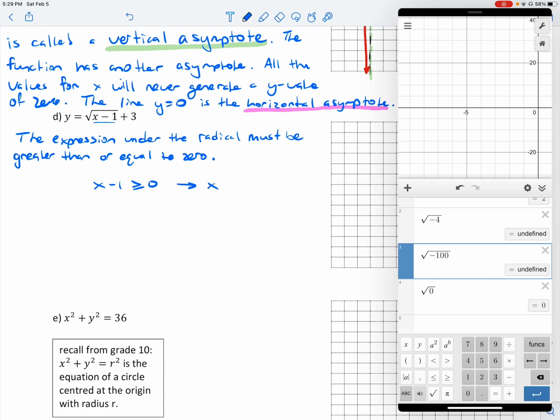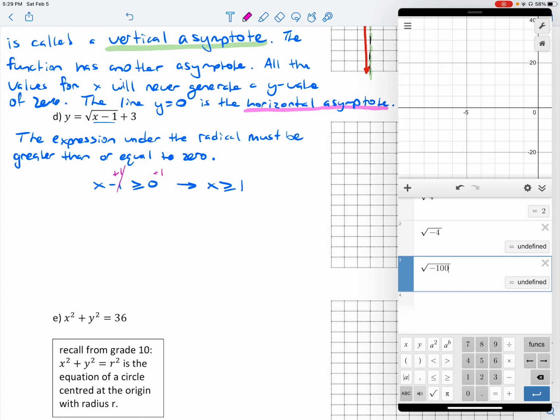That just means that x needs to be greater than or equal to 1. If I add 1 to both sides, those cancel out, and I have x greater than or equal to 1. As long as I have 1 or higher when I plug it in for x, this is going to be okay. We're not going to get any undefined.